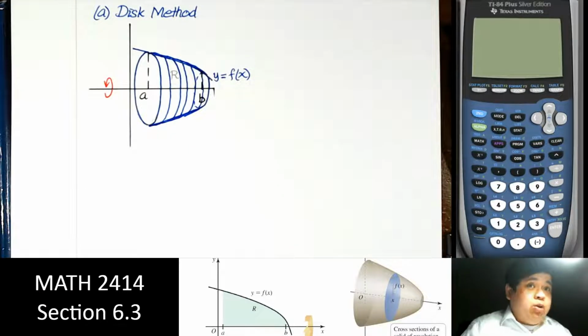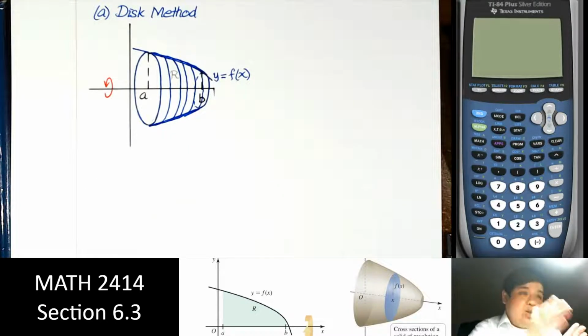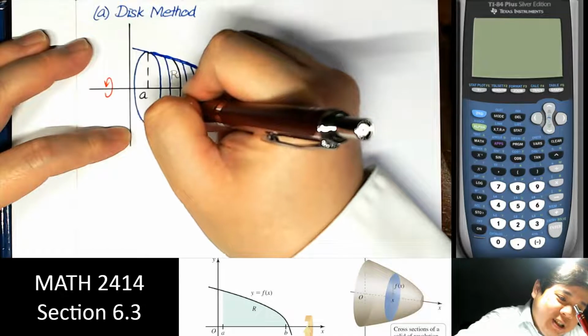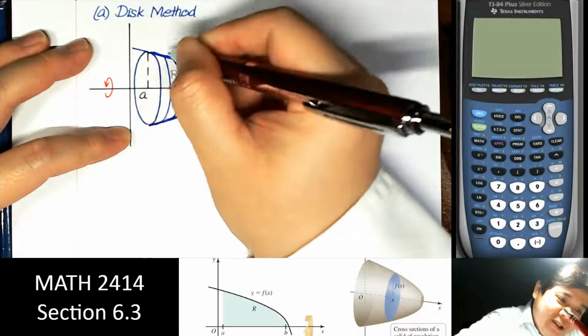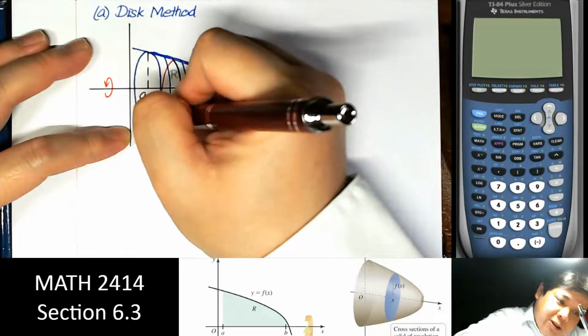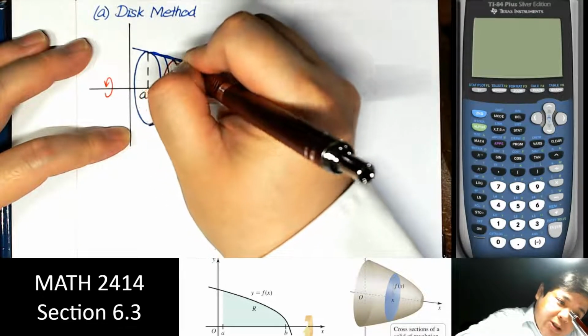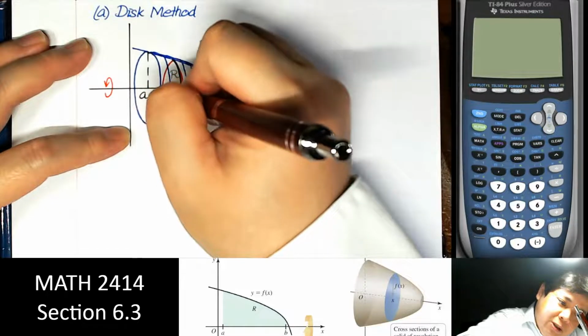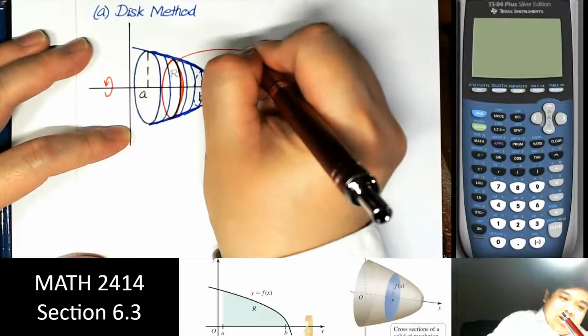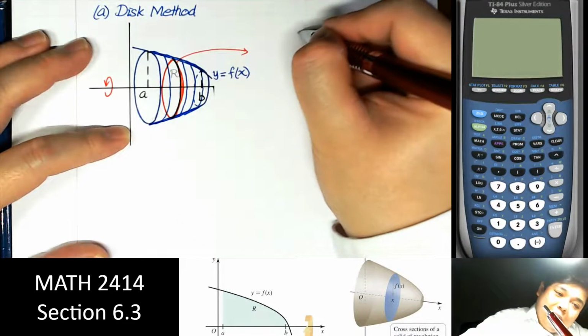Right. Now for this one, of course, we do the same thing. We're going to slice it into slices, and we're going to use dx. Now I'm going to take one slice of this and put it on this side. So we have one slice.